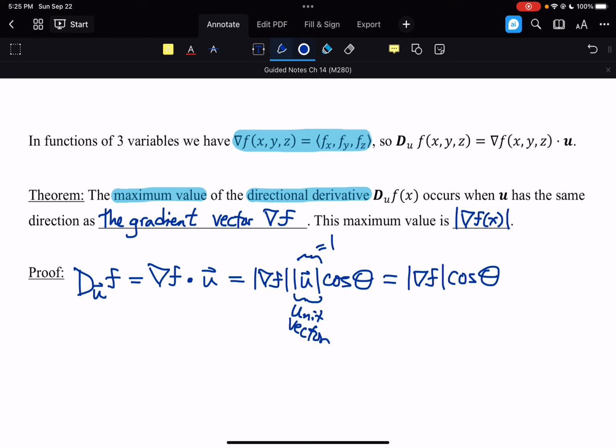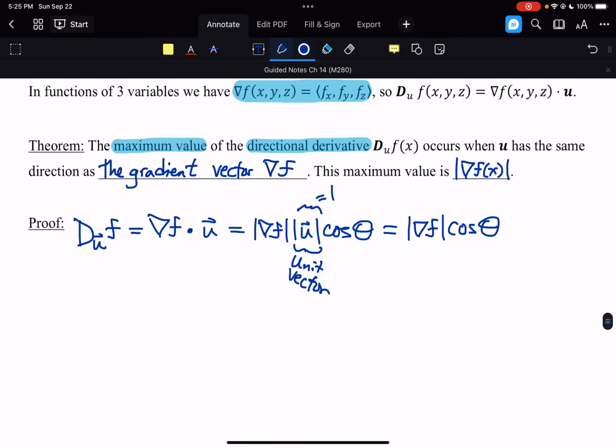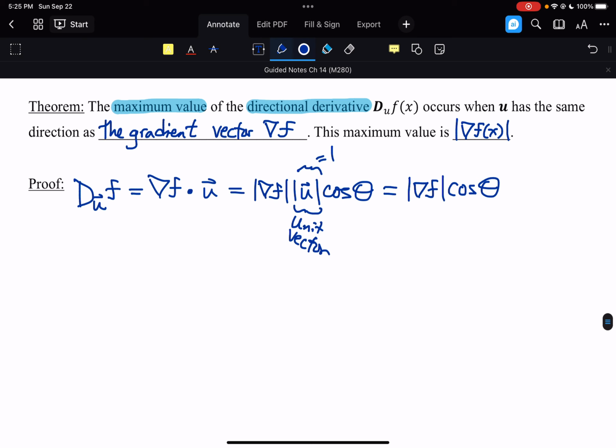Now, the length of the gradient of f is going to be whatever it is. The cosine can change depending on what theta is. So if we think about the possible values that cosine can take on, cosine oscillates between -1 and 1.